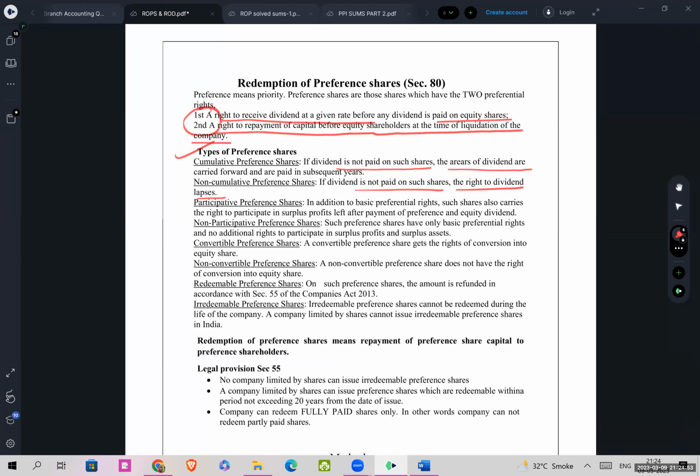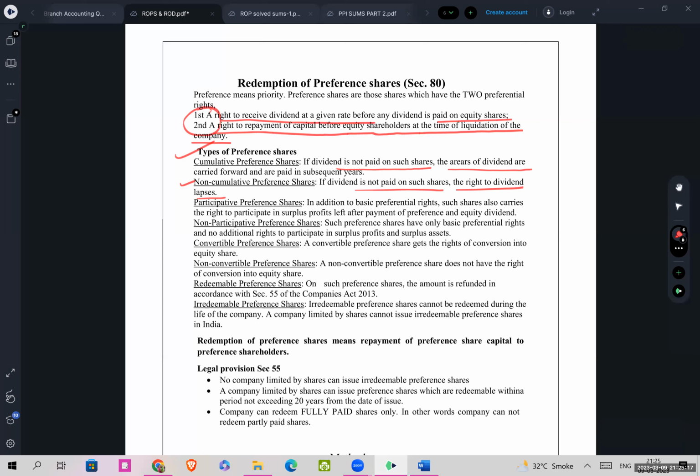So if the accounting period lapses, non-cumulative preference shareholders cannot claim dividend, whereas cumulative preference shareholders can claim their dividend in the subsequent years as well.